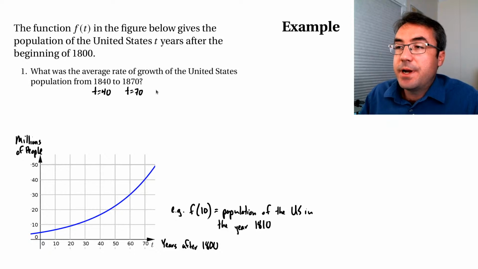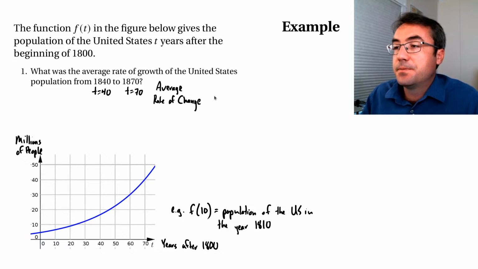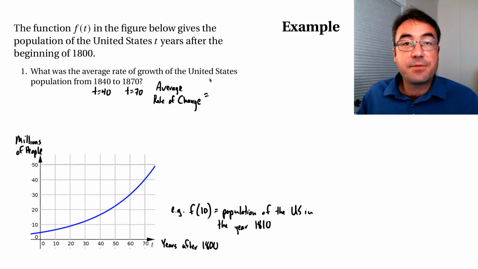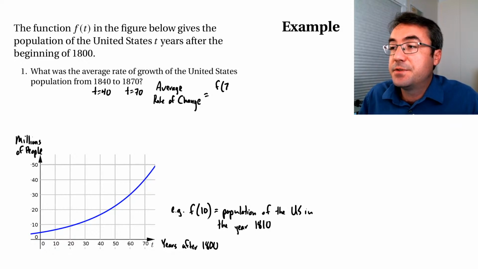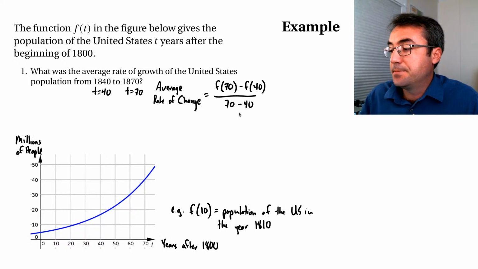And so the average rate of growth, or another way to think of that, the average rate of change, is that formula we saw at the beginning. It's going to be f of 70 minus f of 40 all over 70 minus 40.